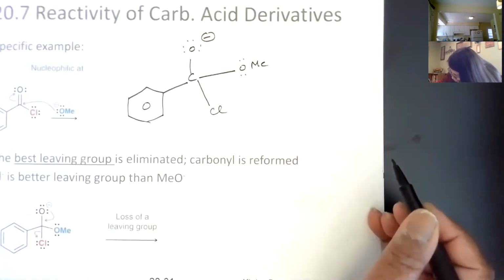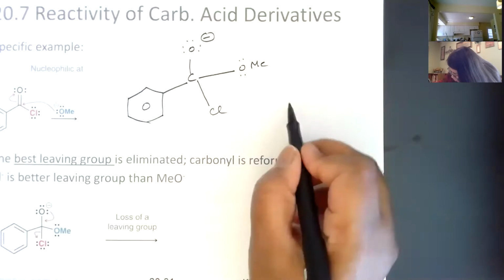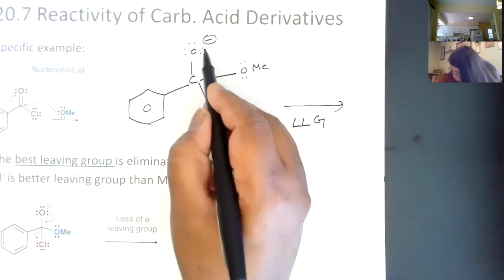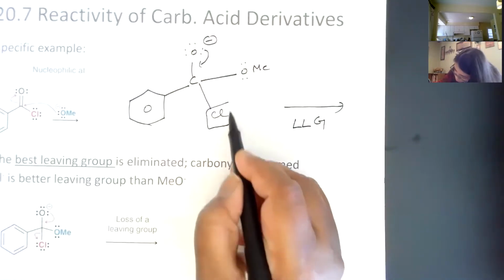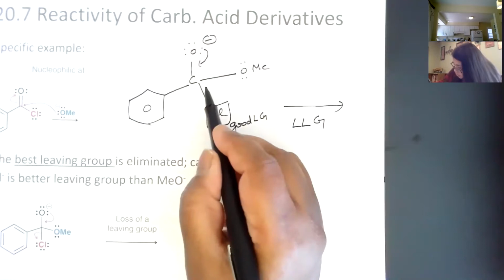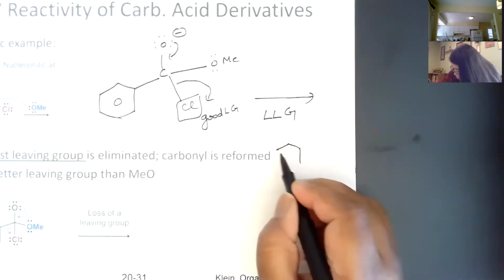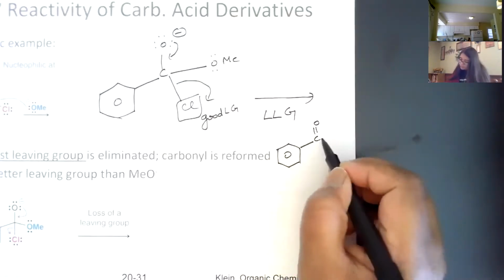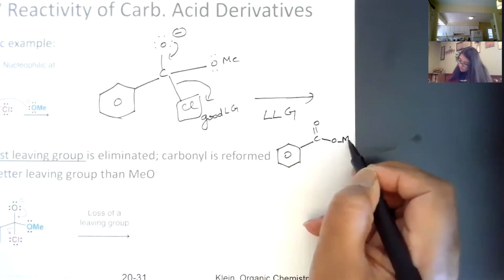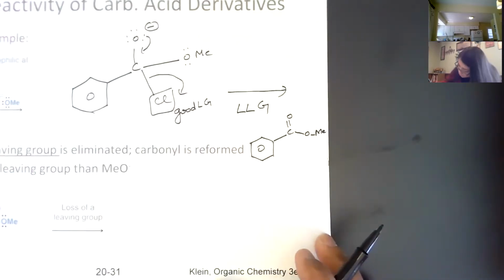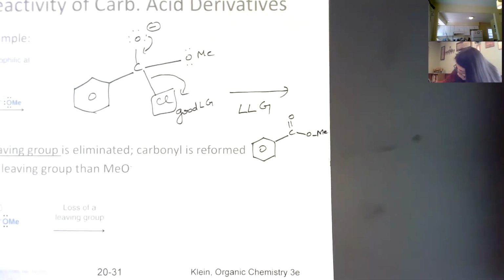Okay, same as what we saw. And then loss of leaving group. This is a good leaving group. And we have an ester here. Oh, they're showing it here.